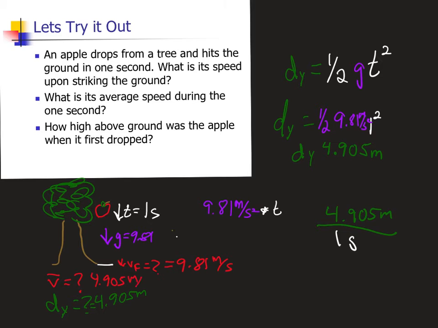Some people will ask, why is that half of it? Well, the object has to speed up as it falls. It's not going to just instantaneously be moving at 9.81 meters per second. It's going to fall at 9.81 meters per second squared, but it's got to move into that speed.